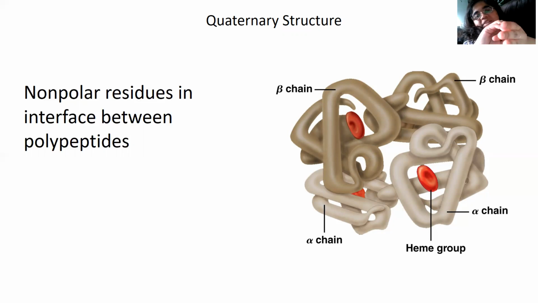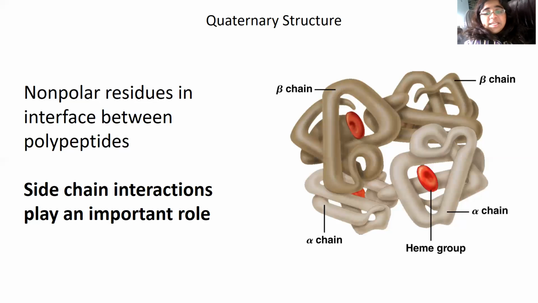So we have our nonpolar ones on the inside. This is another one. It comes in. We keep the nonpolar residues inside, with the polar ones that can interact with the environment outside, okay?